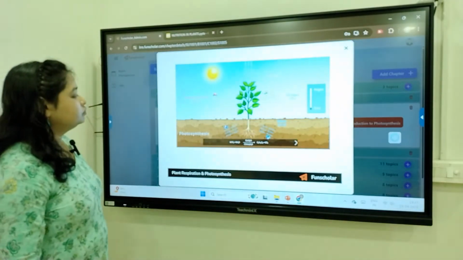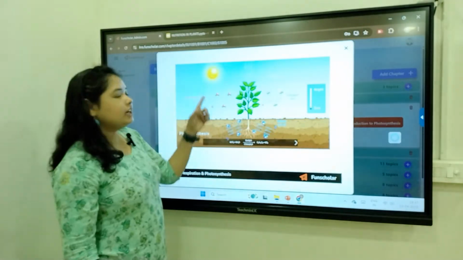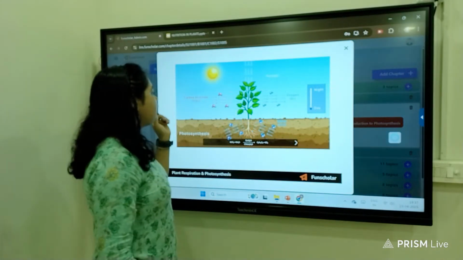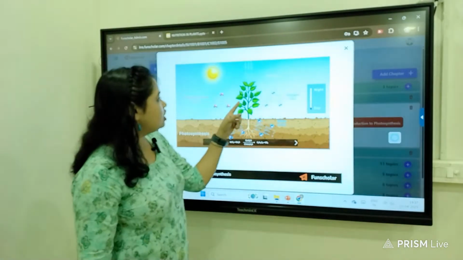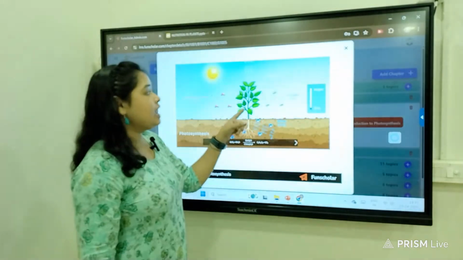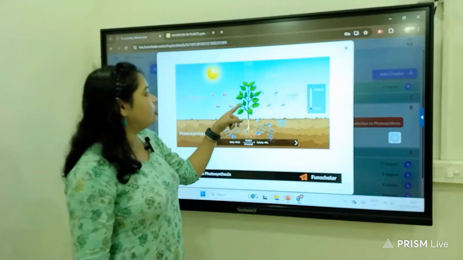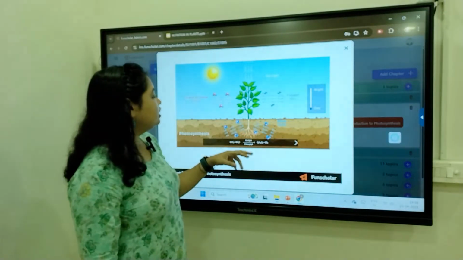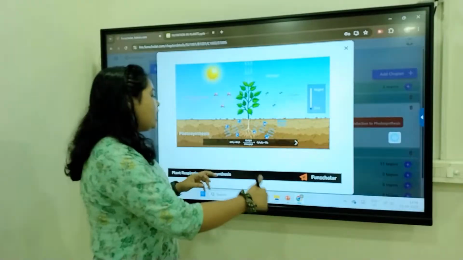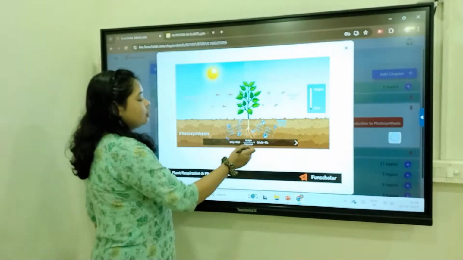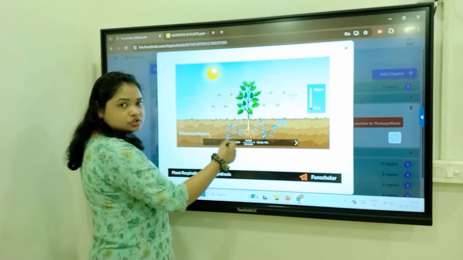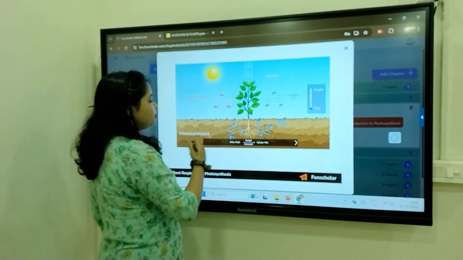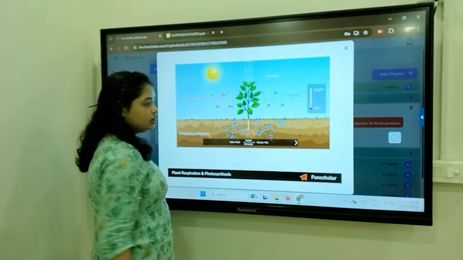Now see, during the daytime when the sun is high up in the sky, you can see carbon dioxide entering the plant body through diffusion. And sunlight is also being absorbed by the chlorophyll molecules, and in turn water along with the dissolved minerals is being absorbed by the roots from the surrounding soil.